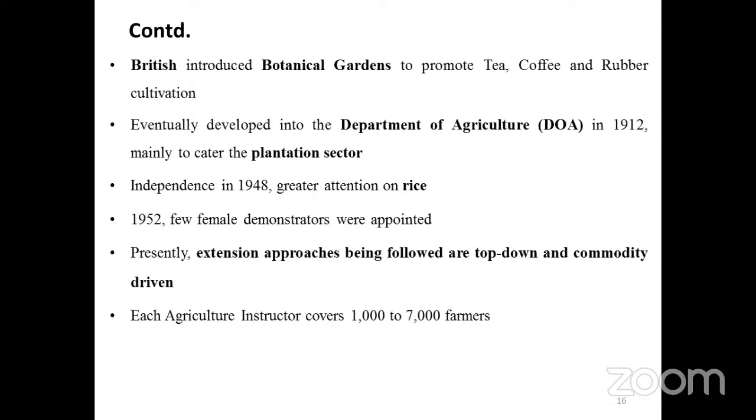So more than exporting, they started putting effort into feeding their own people. More attention was given to rice. And presently the extension approach is top down only, and mostly it is commodity driven because the main component is plantation crops there.